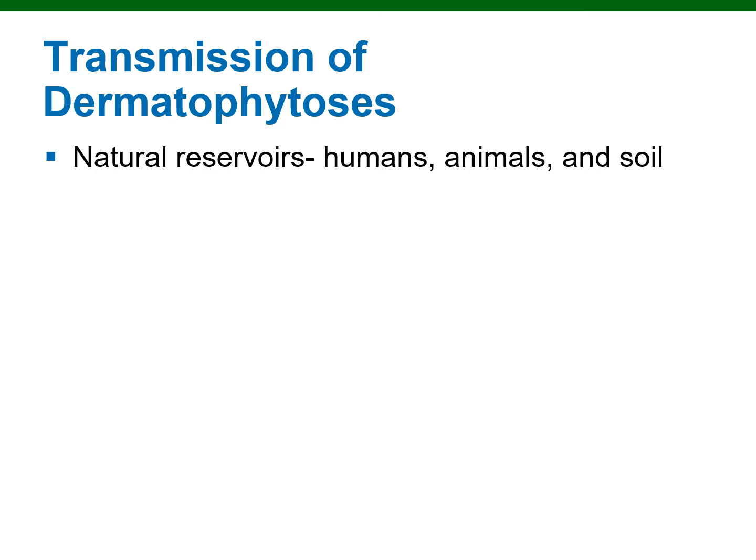How one of these pathogens is transmitted to you is from coming into contact with other humans, or perhaps from an infected animal that's carrying some of these pathogenic fungi, or maybe from the soil that's been in contact with infected humans or animals.